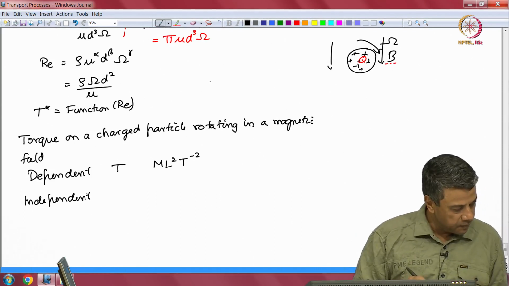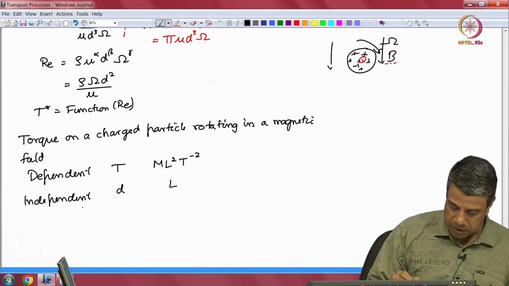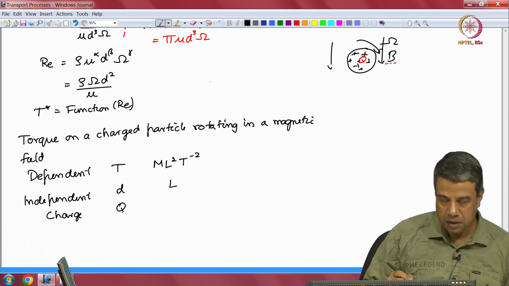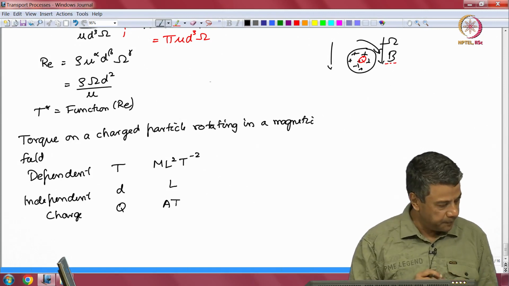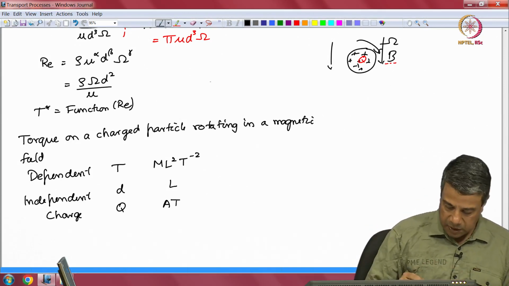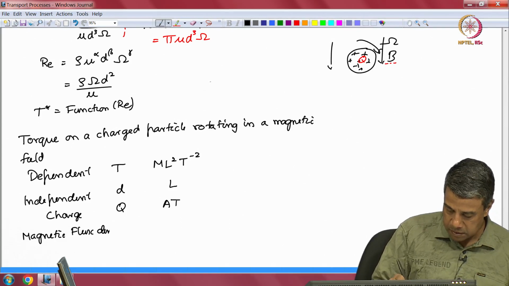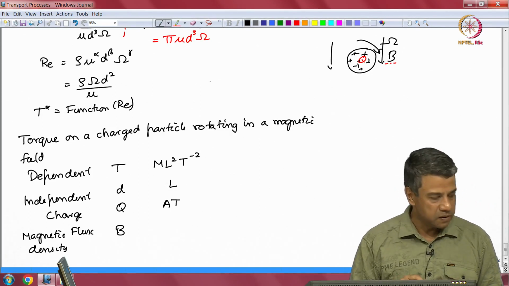One is of course the diameter, with dimension length. Then there is the charge Q. Charge is current into time, so the dimension is A times t. And the magnetic flux density B. I leave this to you to calculate.